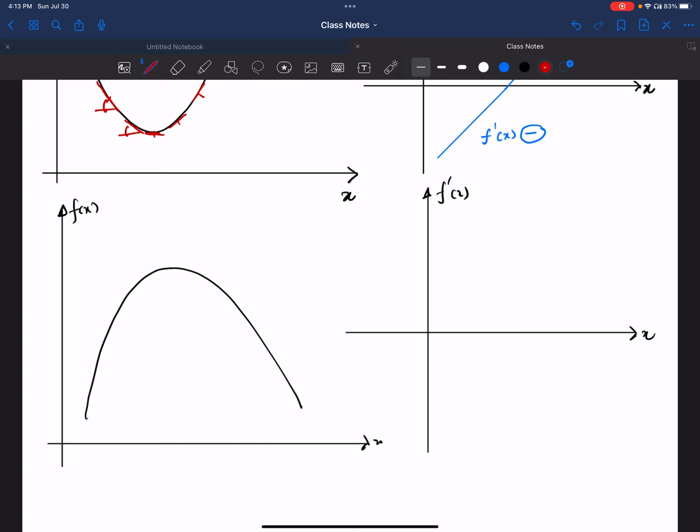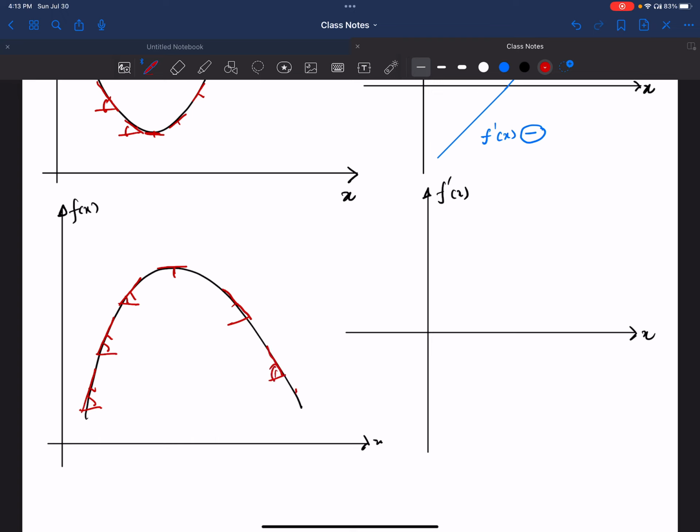So at the beginning, f prime of x, that's the slope of the tangent line drawn at different locations, is positive, and then zero, and then becomes negative.